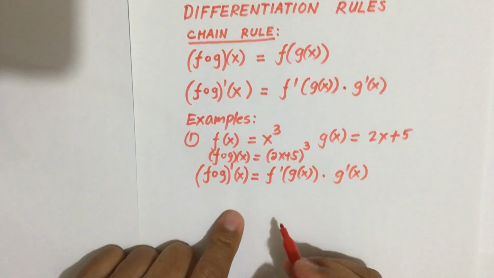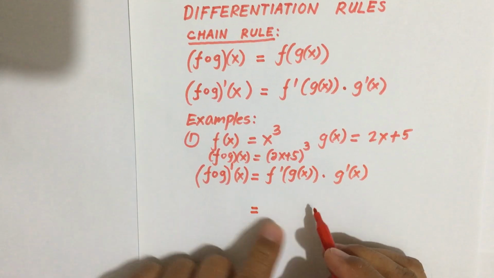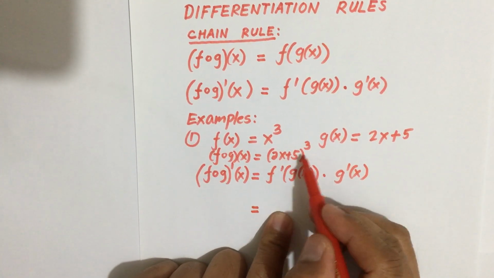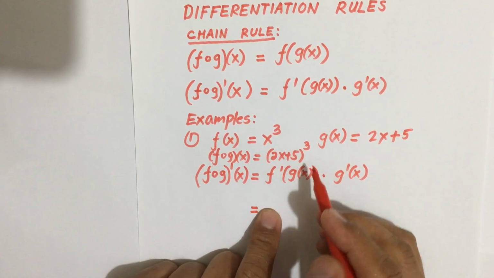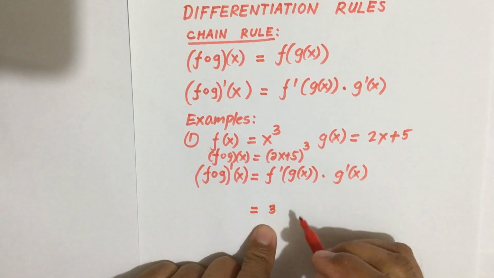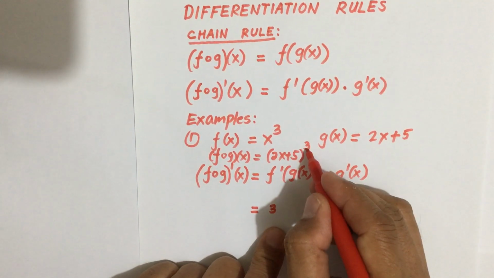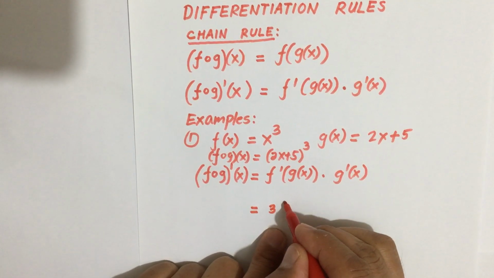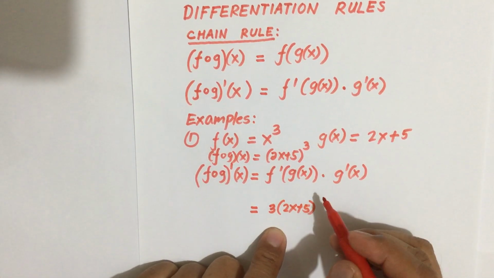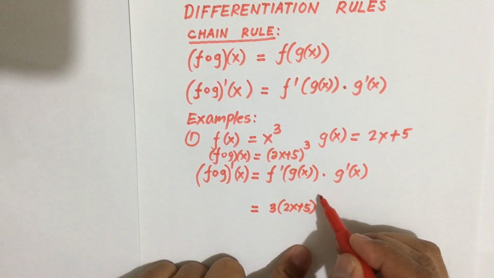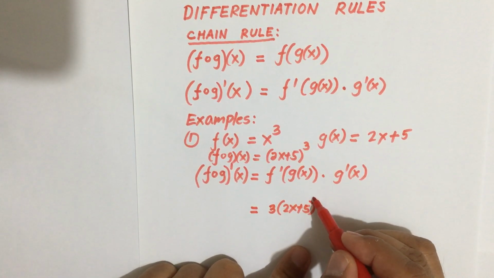So what does it mean? What is the derivative of this? You use the power formula, so we bring the exponent down: 3 times (2x + 5), and then the exponent is n minus 1, so our n is 3, minus 1, that is 2.